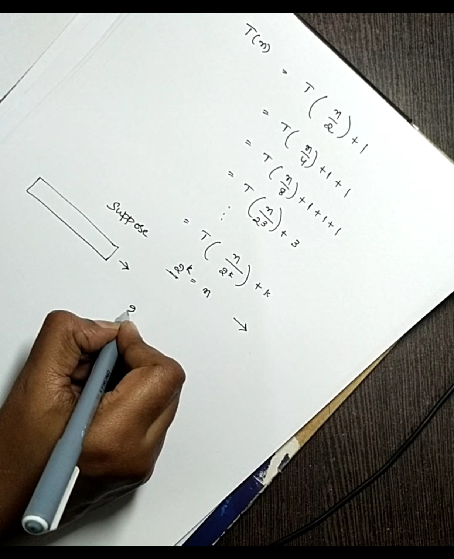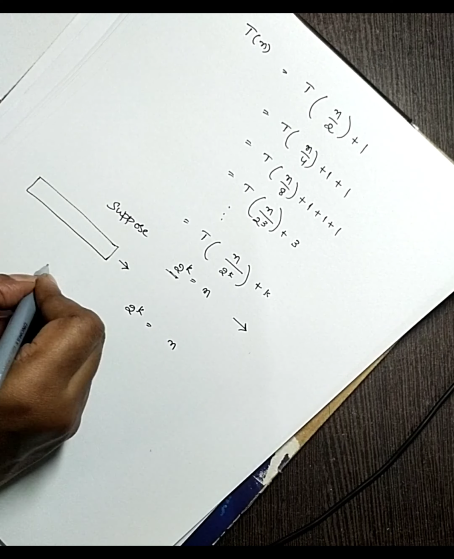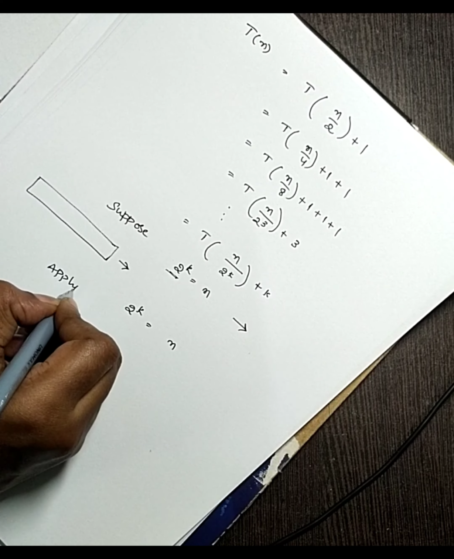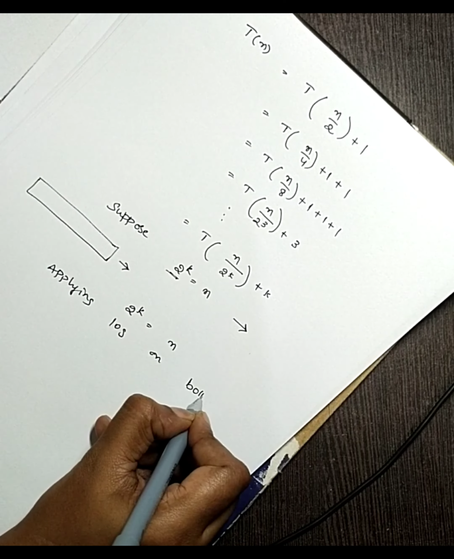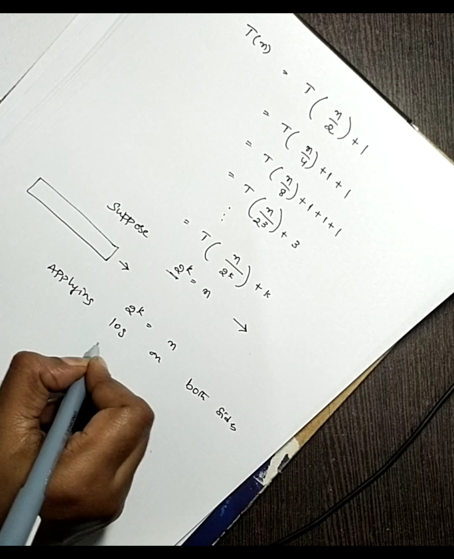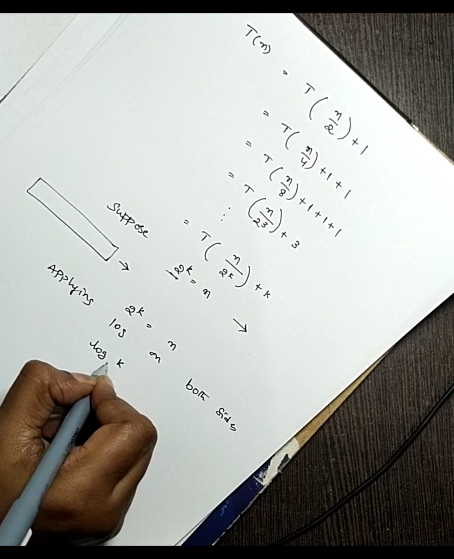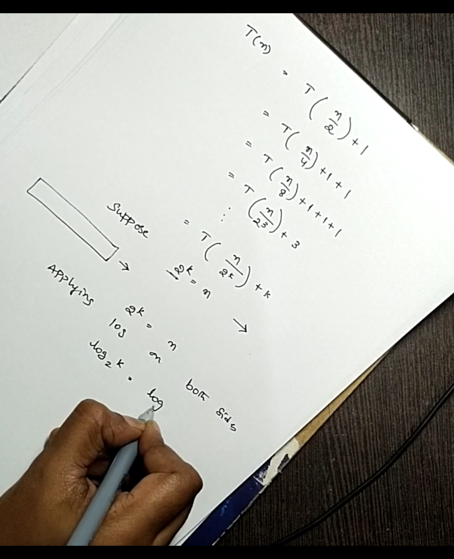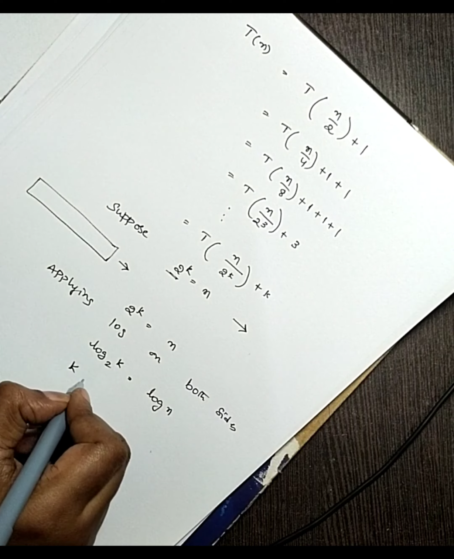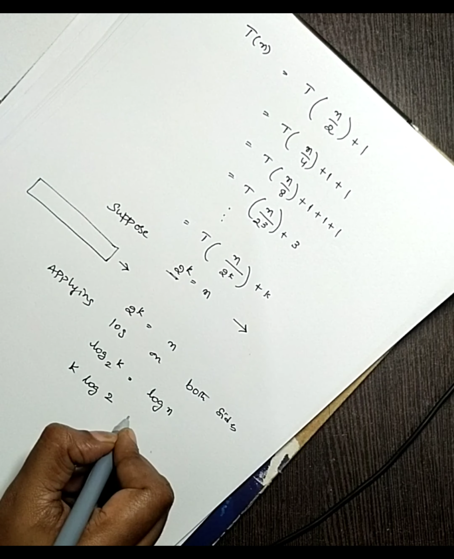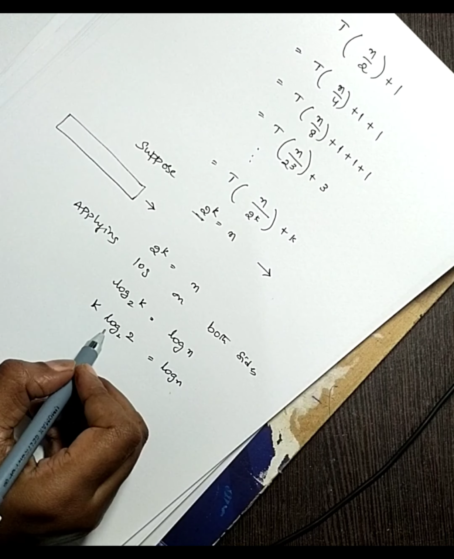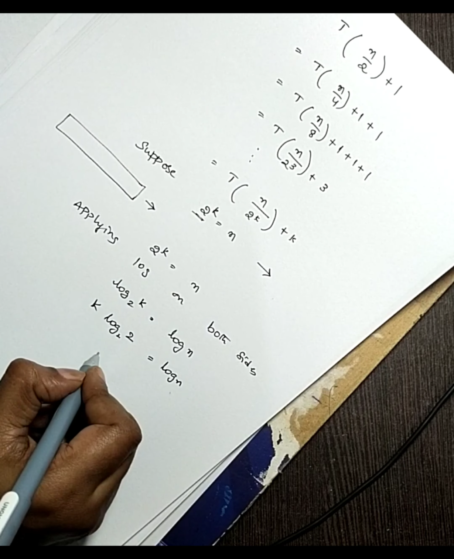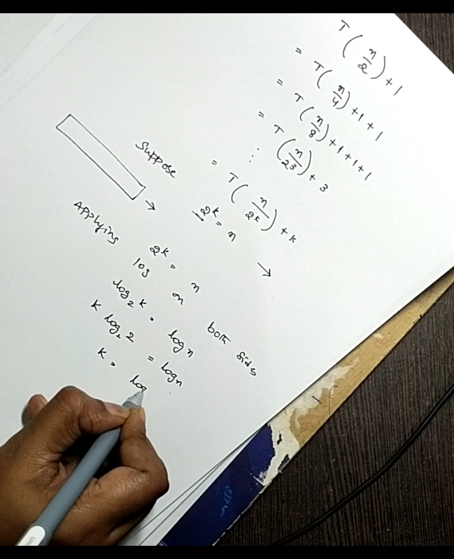So 2 power k is equal to n, applying logarithm on both sides. Log 2 power k is equal to log n. That is k log 2 is equal to log n. Log 2 base 2 is 1. Therefore k is equal to log n.